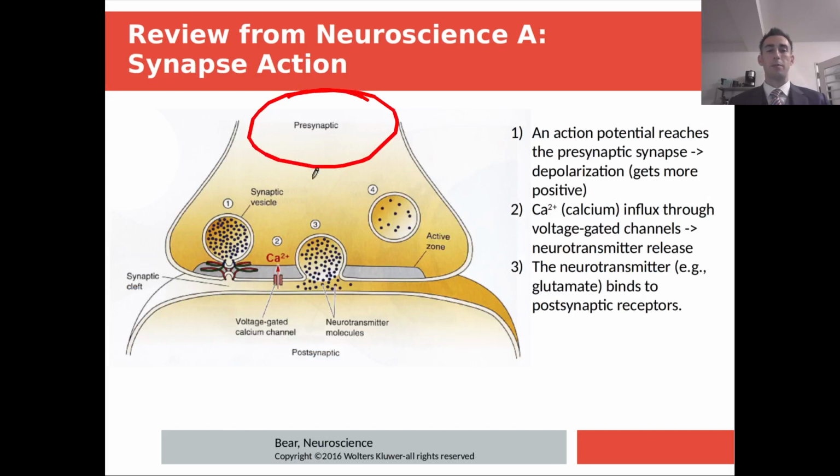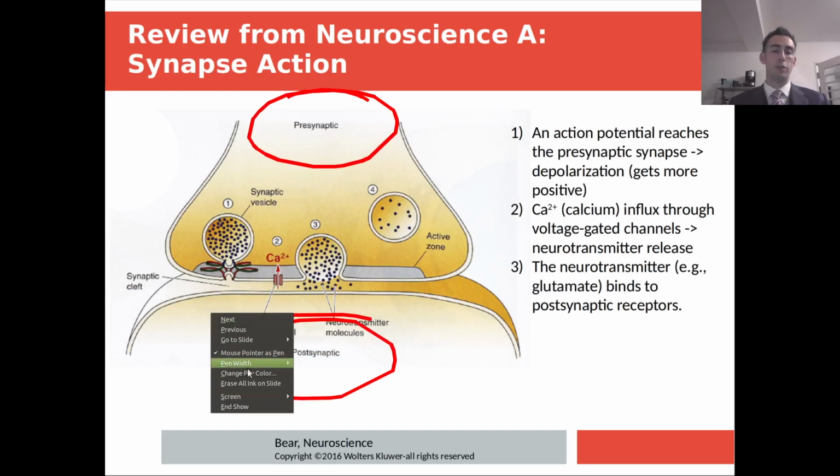And so here's the presynaptic, the input cell, and the postsynaptic, the output cell, right?